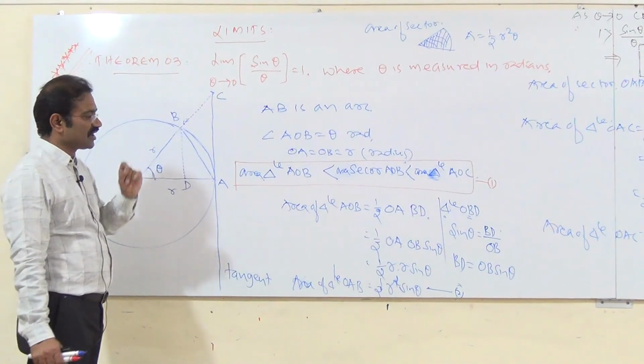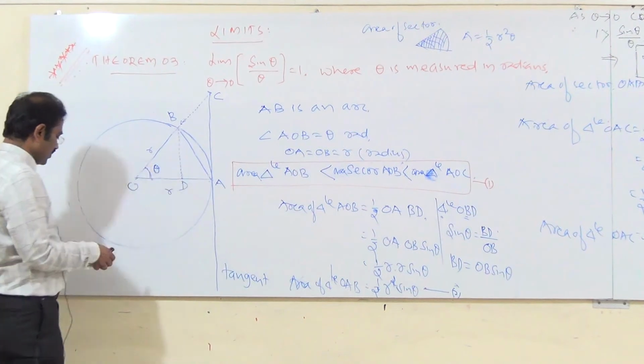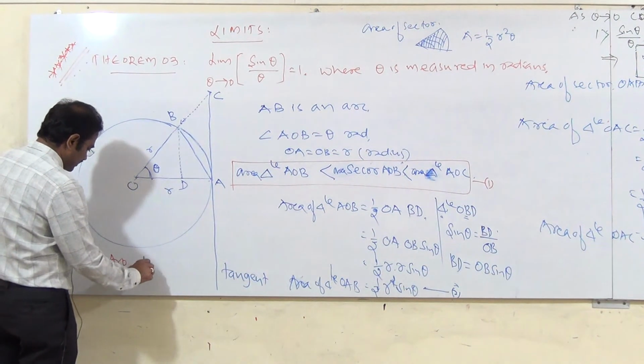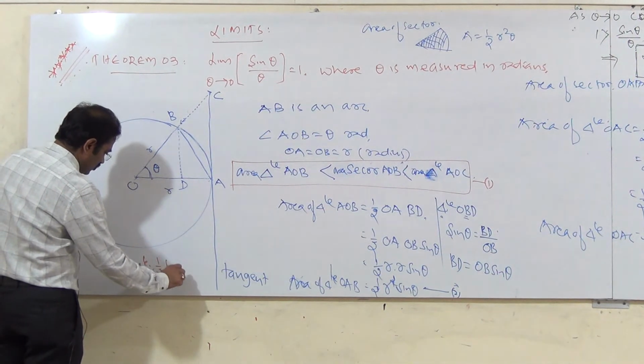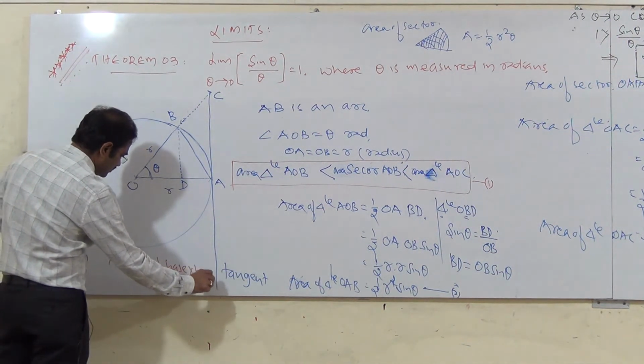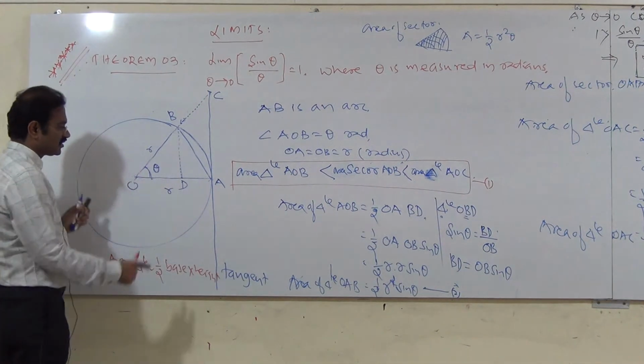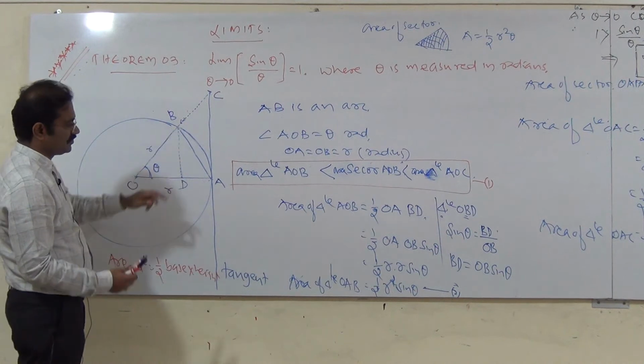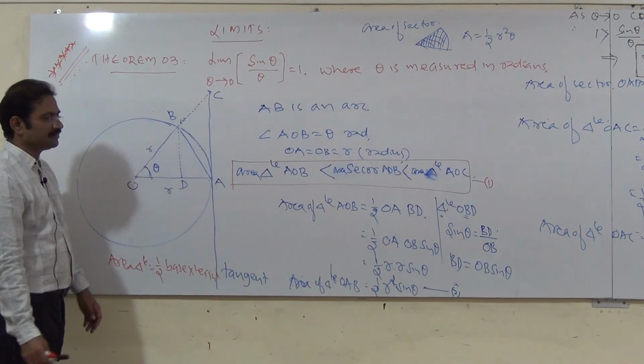We know the area of the triangle formula. What is the formula of area of triangle? Area of triangle is equal to 1 by 2 base into height. Take the base as OA, and the height is this one, BD.